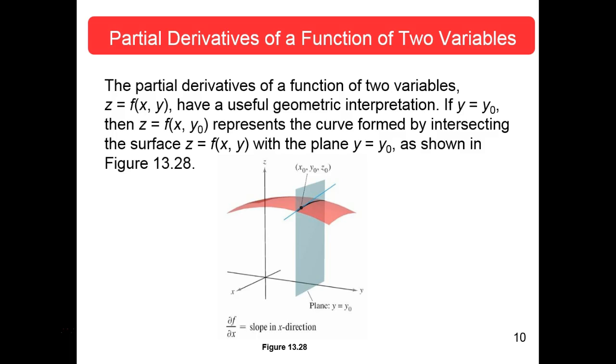So you're literally holding y constant, cutting it right there, and then taking the derivative of that curve made by this plane and that function. That would be your partial of f with respect to x, with y held constant at y0. If it was at 0, it would be the curve back here. If it was at y0 divided by 2, that would be right here, then it would be that curve.